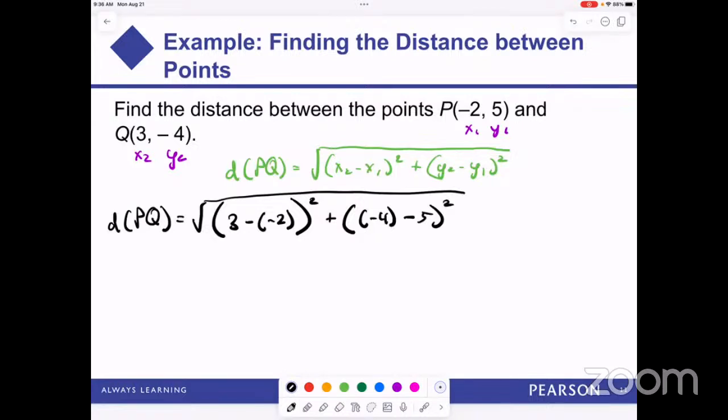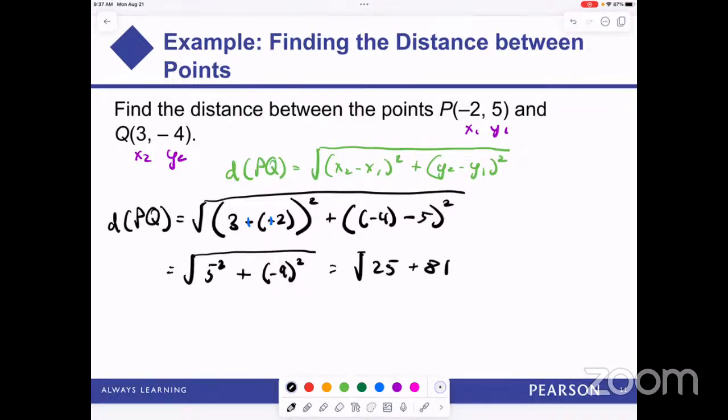Okay, so from here, double negative becomes what? Positive. So then 3 plus 2, and I'll capture that like this. Double negative becomes positive, so that becomes 5 squared plus -4 minus 5. What is that? That's -9, so that's a -9 squared. Then 5 squared is 25, 9 squared is 81, right?